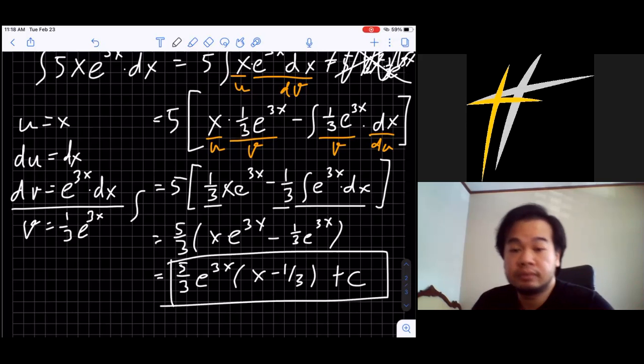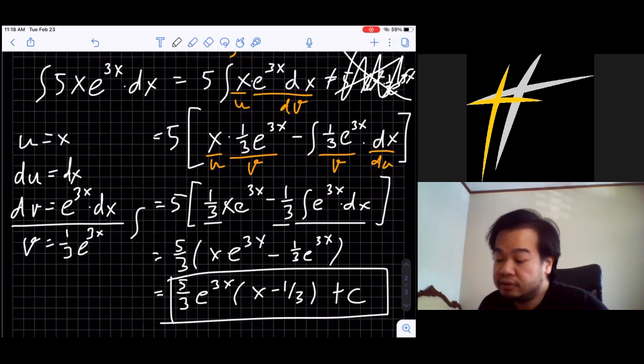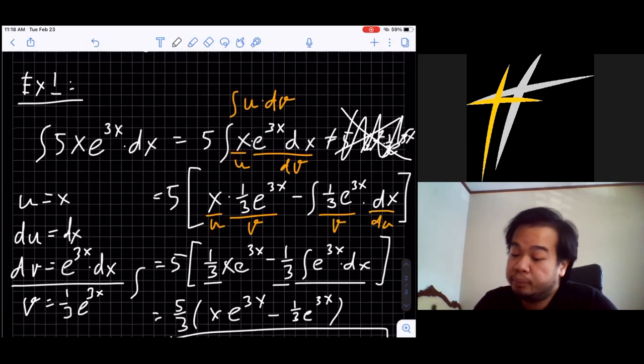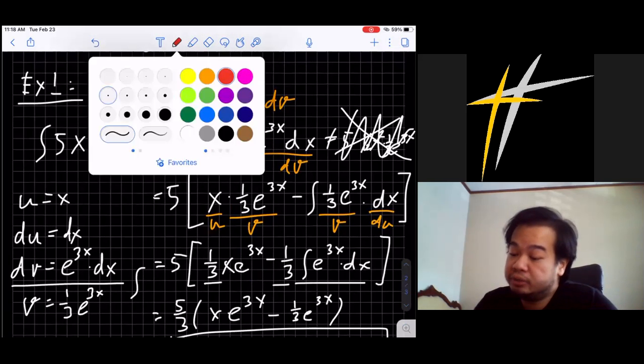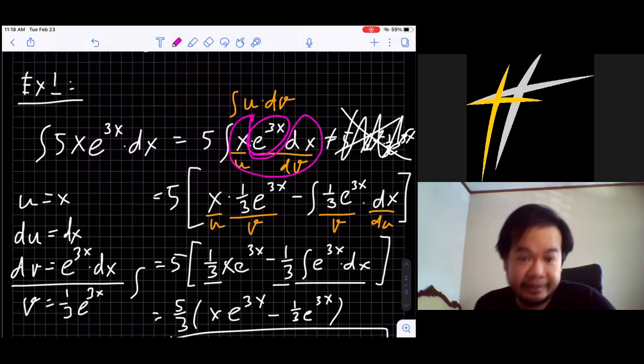Okay, so that's the first example. Now, of course, you can also pick the other way. You can also pick that e power of 3x is the u and the dv is equal to x dx, right?